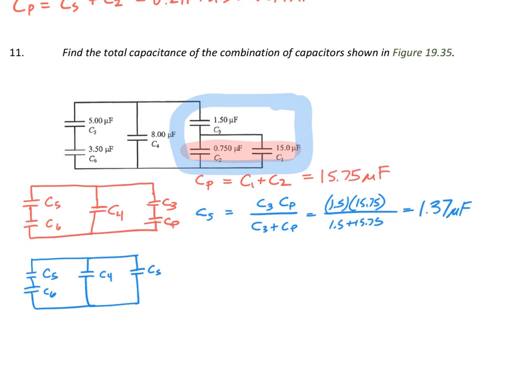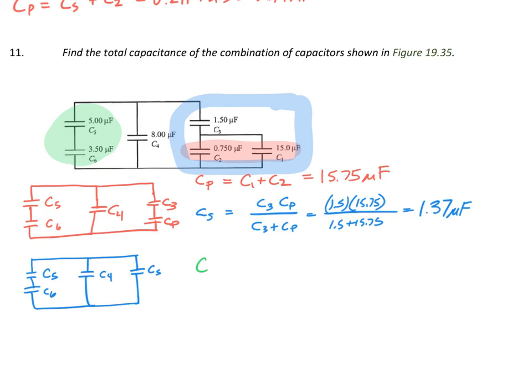All right. So we have one more reduction to do. We need to convert these into something else, and so they are in series. So it would probably be, and forgive me, I should have labeled that first series thing as probably C123.